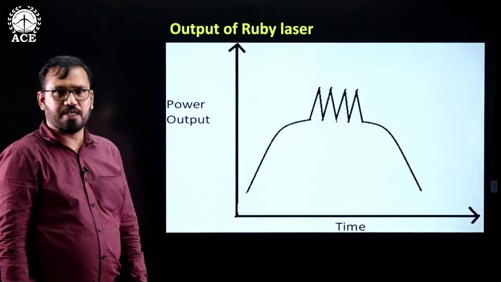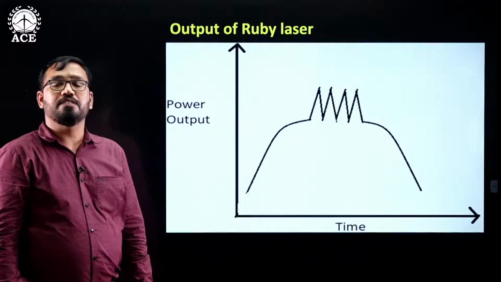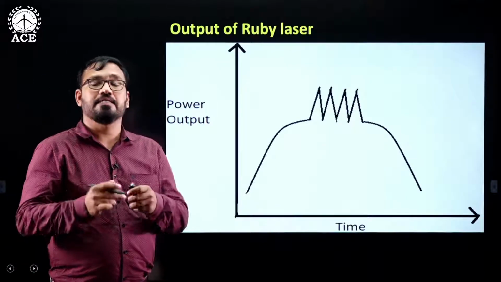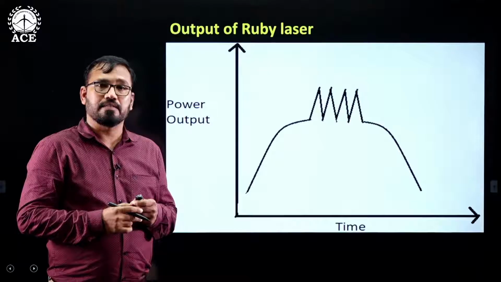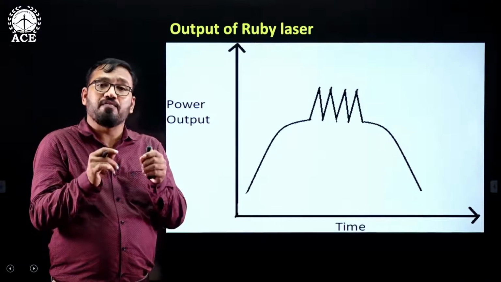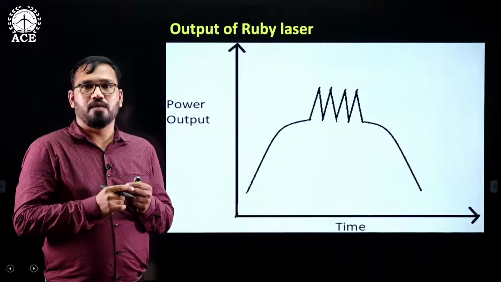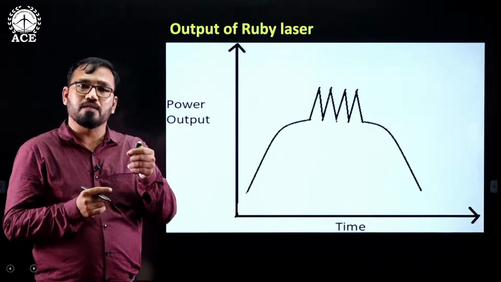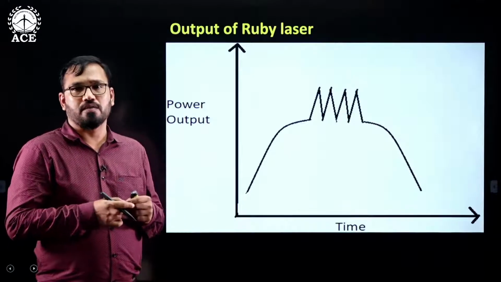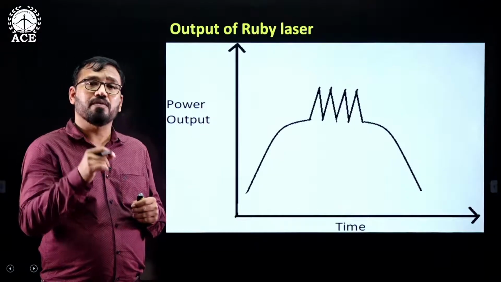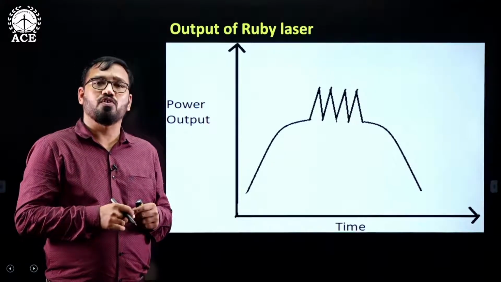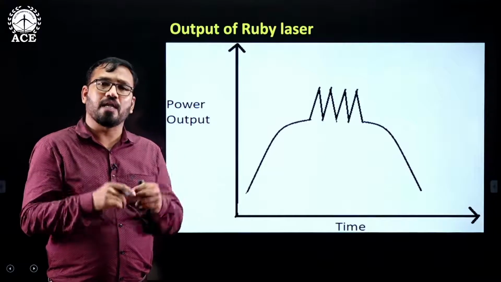It is a solid state laser, and a 3-level laser. Which material are we using here? Al2O3, doped with Cr2O3. How much do we dope Cr2O3? 0.05%.